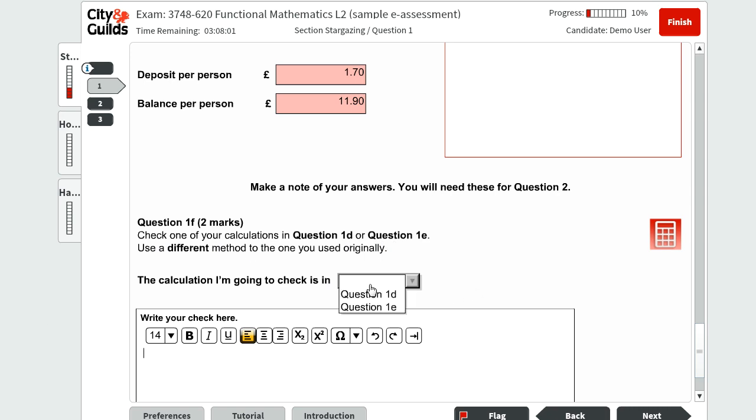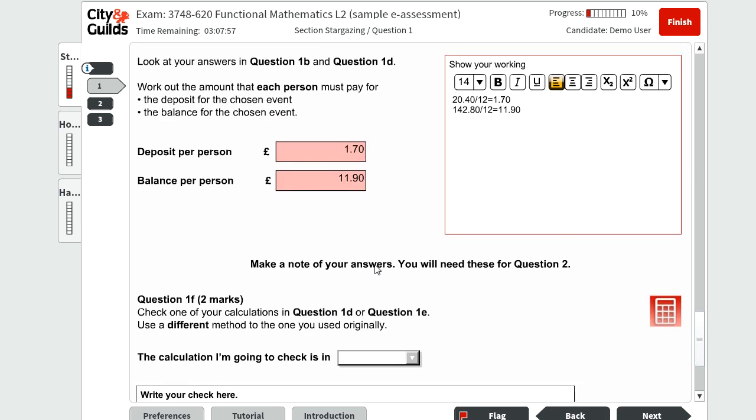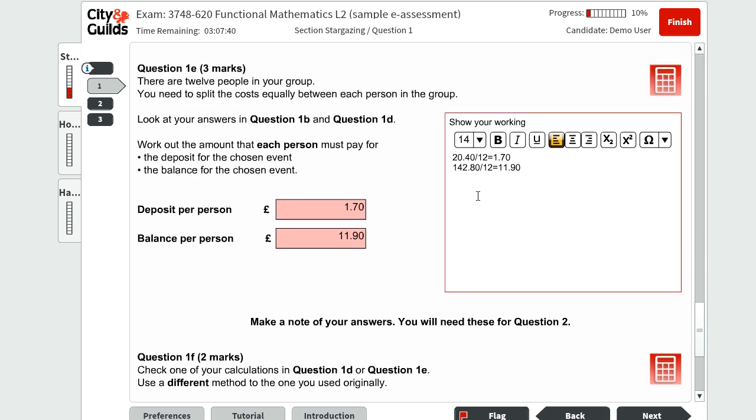The calculation I'm going to check is, let's see, it's good to pick an easy question in the sense that you don't have to do too much work. It's good to keep your calculations short. Don't try to lengthen them because it will be harder for you to do, for example, a reverse calculation. So the calculation we are going to check, 1E, we could pick the last one.